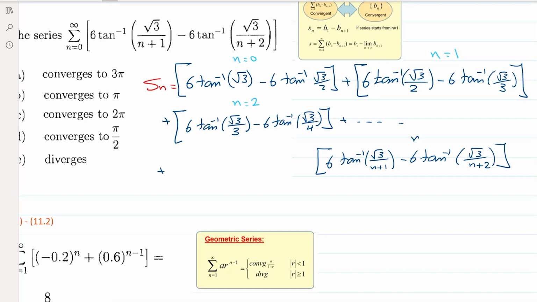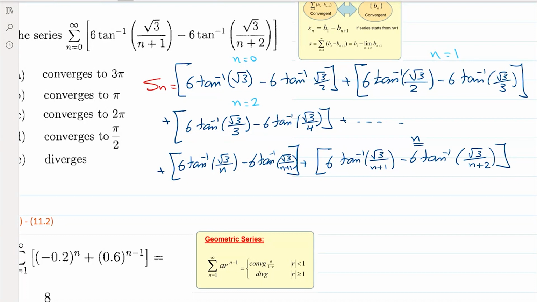This is at n. What is the previous term? The n minus 1 term: instead of n put n minus 1. It is 6 tan inverse of root 3 over n, minus 6 tan inverse of root 3 over n plus 1. Exactly. So what's happening here?